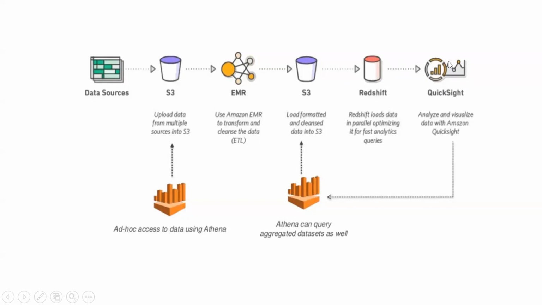Then QuickSight, maybe a reporting tool, for analyzing and visualizing the data. Here they are using Amazon Athena for ad hoc access, to check the data from the S3 buckets. Maybe your project is using a different architecture, so based on that, we need to determine the same.